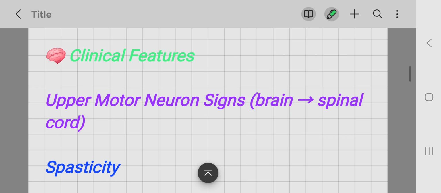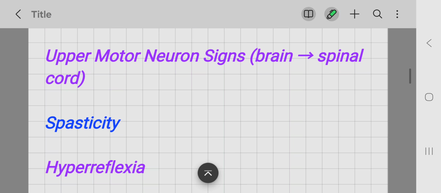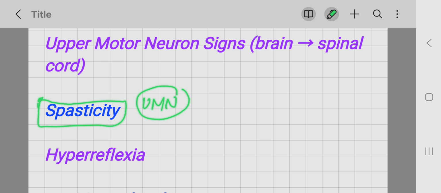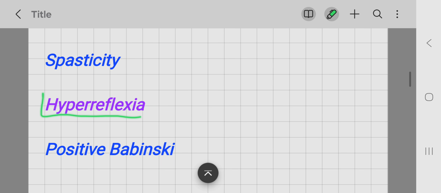Now we will discuss clinical features. Upper motor neuron signs and lower motor neuron signs are present depending on the type. There may be muscle spasticity, especially when there is upper motor neuron involvement. Hyperreflexia also in case of upper motor neuron involvement.